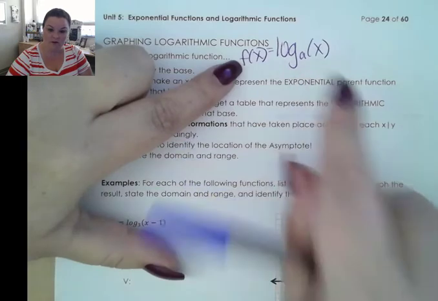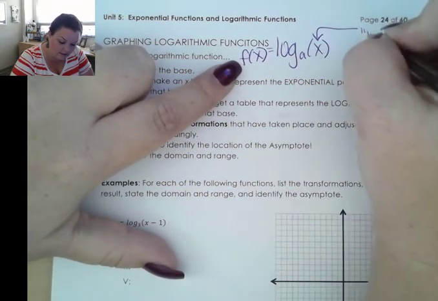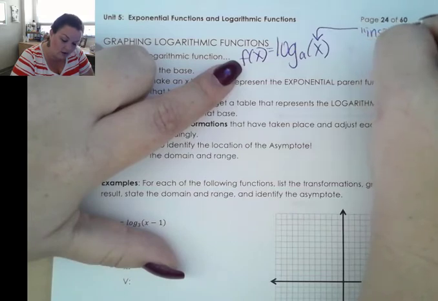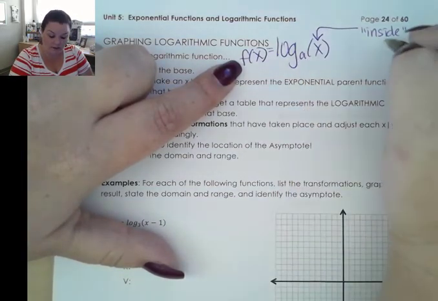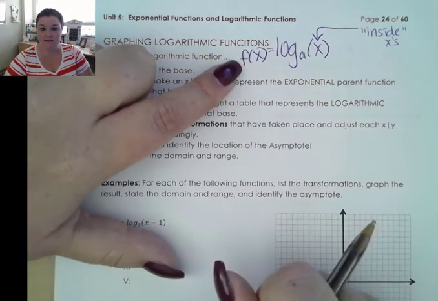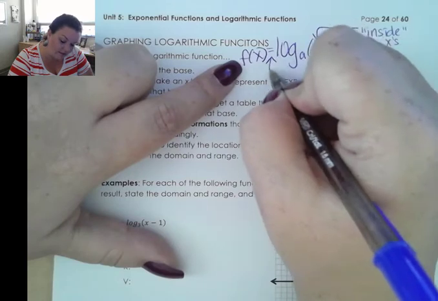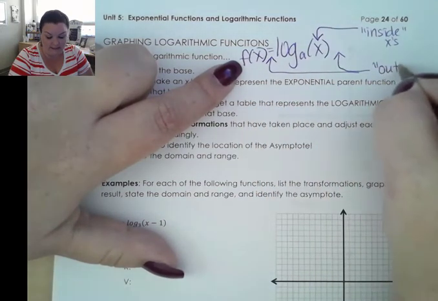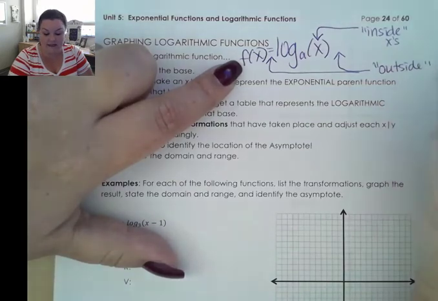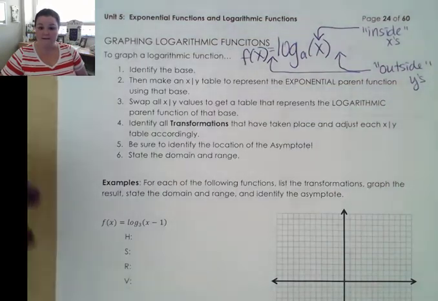Inside the function for logs means that it's in the parentheses inside the log, okay? So if it's inside the log, then we know that that's affecting our x's. If it's outside the function, meaning it's out in front of this log or outside of these parentheses, then we're going to say it's outside the function, and anything outside the function affects our y's, okay?